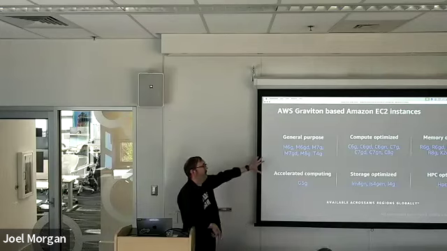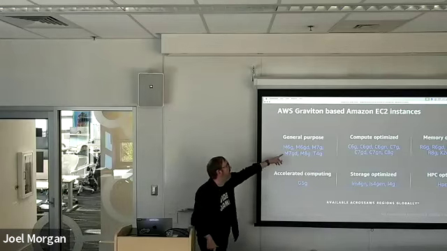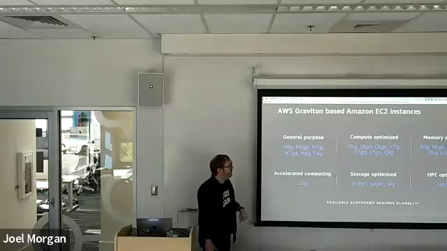General purpose is exactly what it sounds like: I don't have any special needs for this application, I just need this much RAM and this much CPU. Many different types there. And the G means Graviton, just so you know.